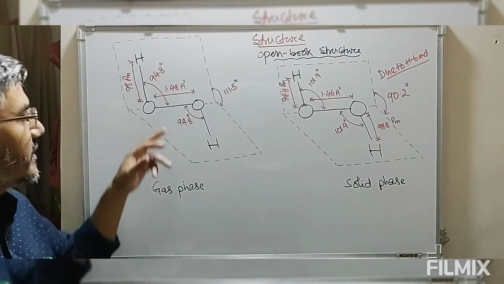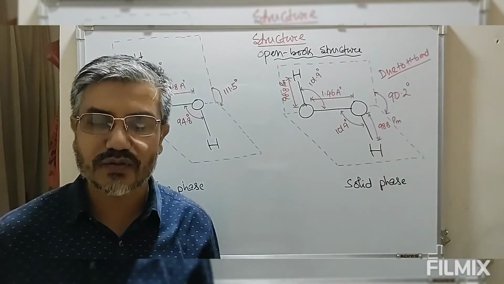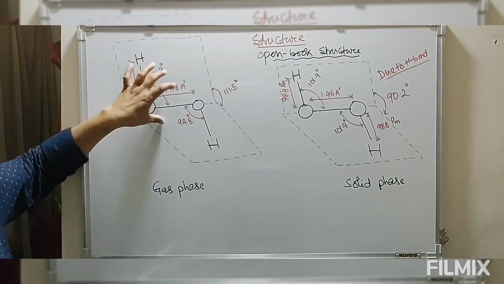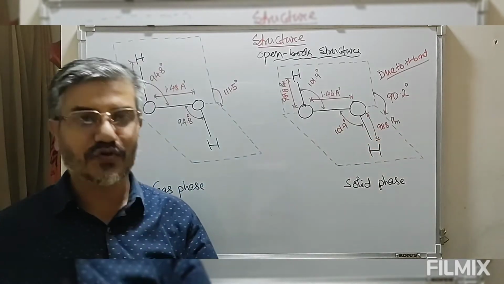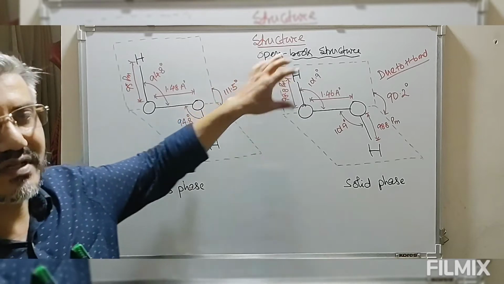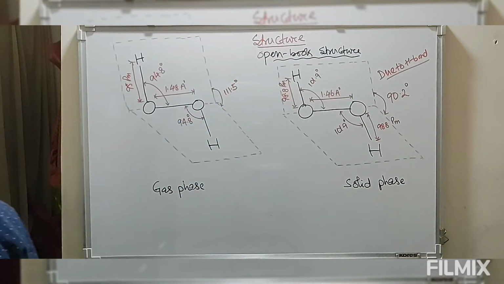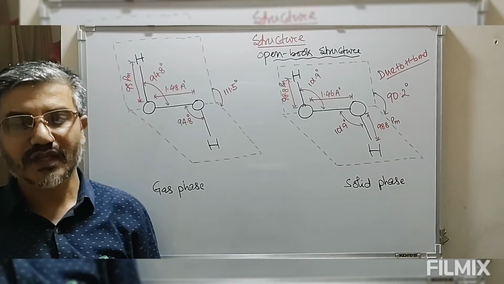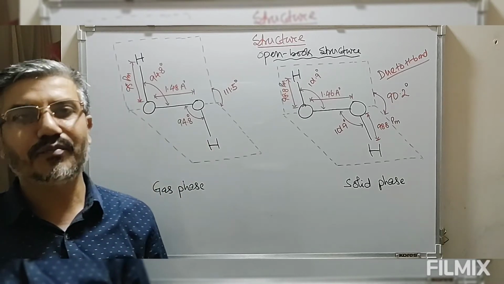Which one is smaller in case of gaseous phase? Because of hydrogen bond, this increases to 101.9. The bond length remains approximately the same, 1.48 angstrom in gaseous phase and 1.46 angstrom in solid phase. The OH bond length is 98.8 picometer, which is 95 picometer in case of gas. So this is the comparison between the two structures. This is what we call the structure of hydrogen peroxide.